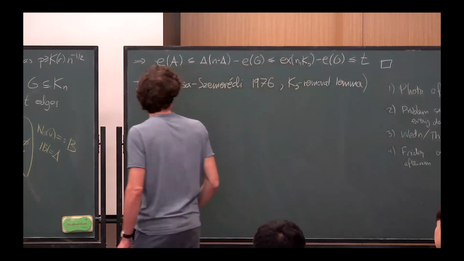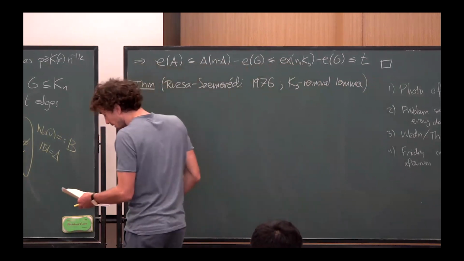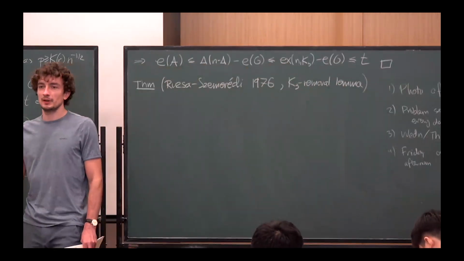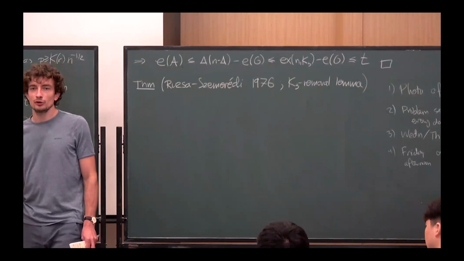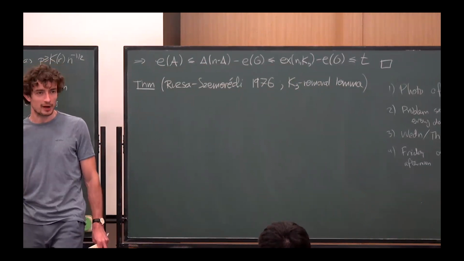And the statement is the following. Basically, if a graph has a subcubic number of triangles, then you can remove a subquadratic number of edges to make it triangle-free.